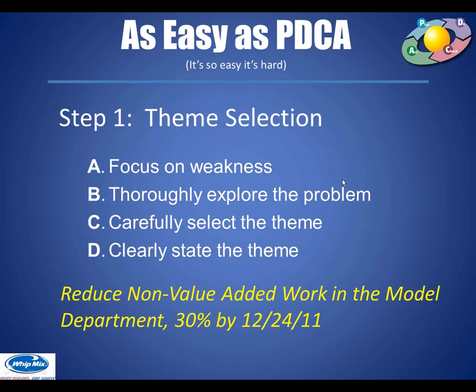So the problem in this case is we think our problem is in the model department, so we want to set up a theme that addresses that. And so our theme is to focus on a weakness. And the reason we focus on weaknesses, because a lot of people are uncomfortable with that. They feel that that's really negative. Well, think of the chain analogy.